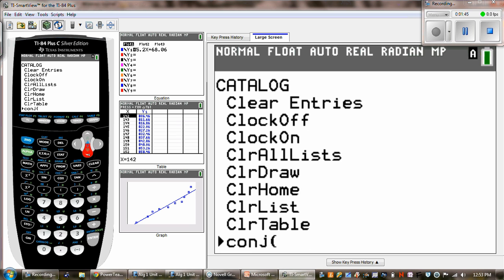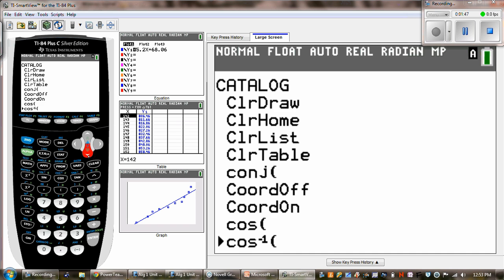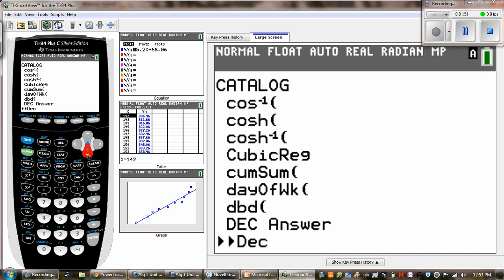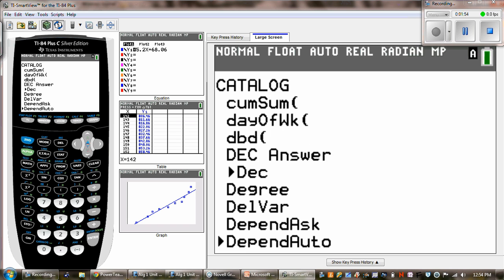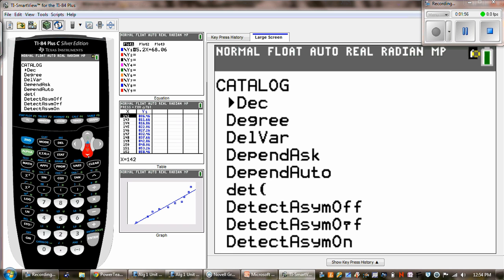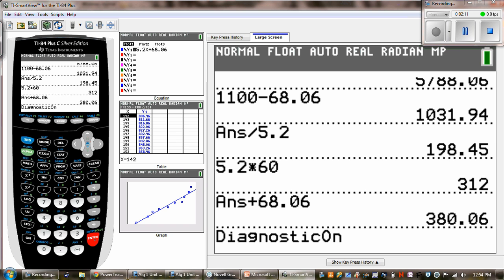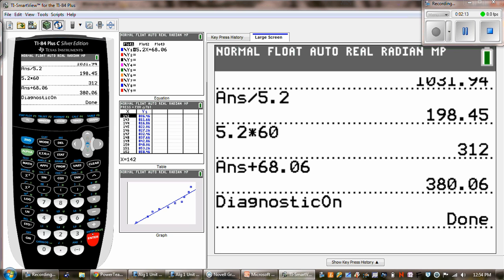Okay, almost there. So I keep looking. Okay, so there is diagnostic on. That's what we want to click. So we're going to press the enter button and then I'm going to hit enter again. So now it's on.